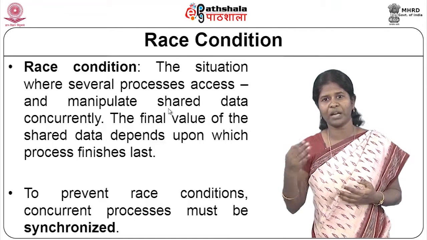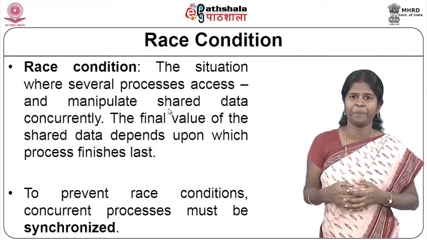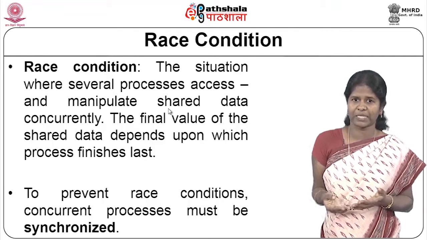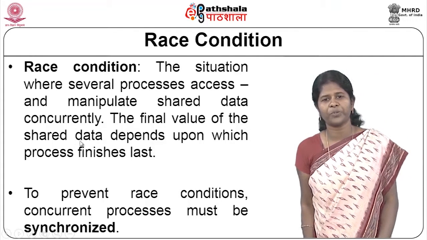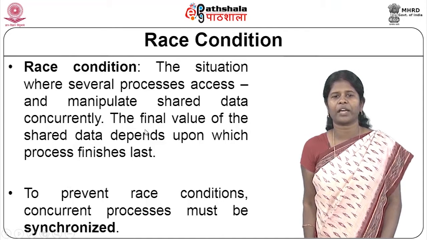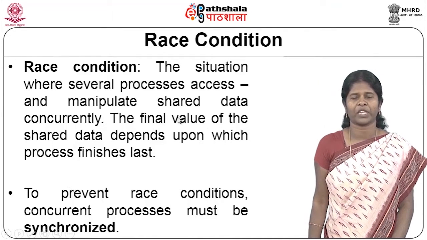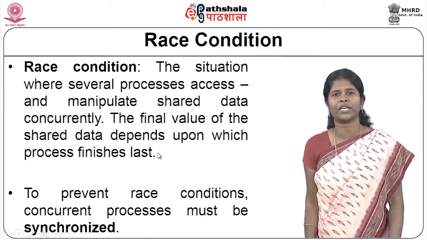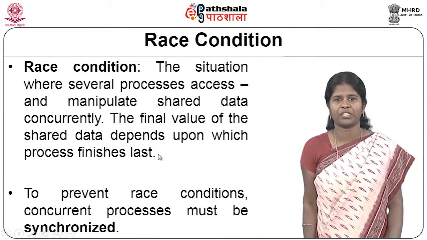Suppose the producer had finished last, then the value of counter would have been 6. Okay. So, to prevent these race conditions, the concurrent processes must be synchronized. In this topic we learn how the synchronization can be achieved.